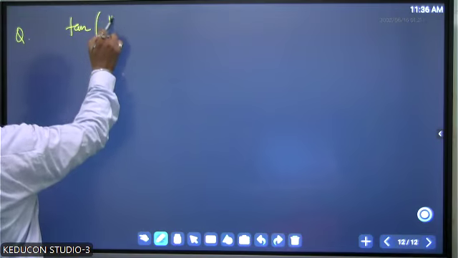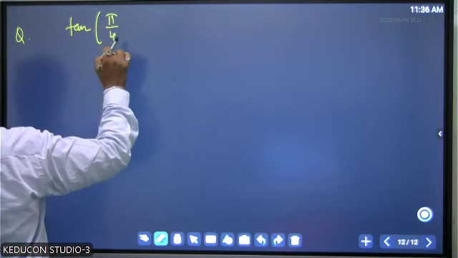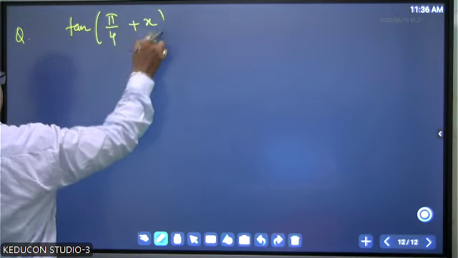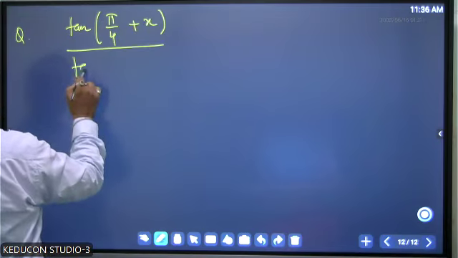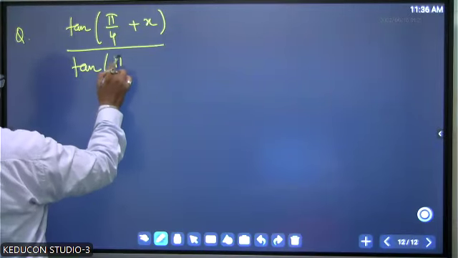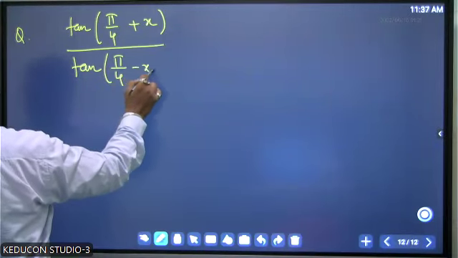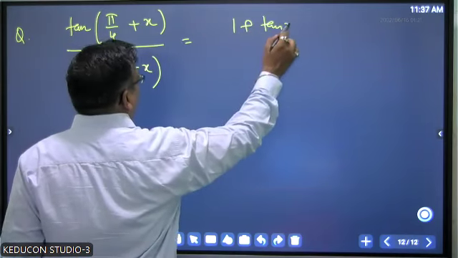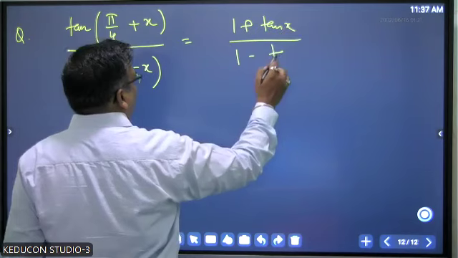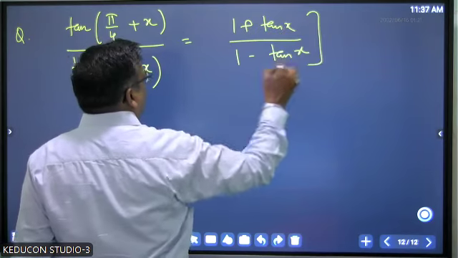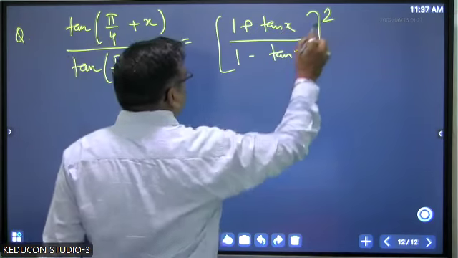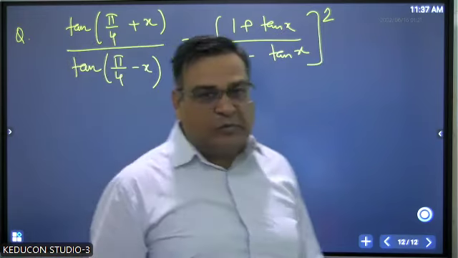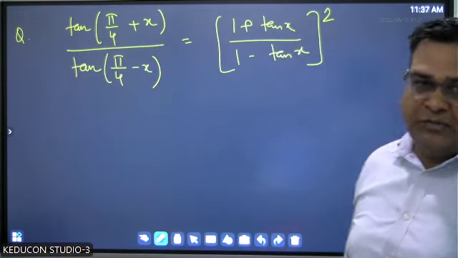Tan of pi by 4 plus x. We have to prove tan of pi by 4 plus x upon tan of pi by 4 minus x.